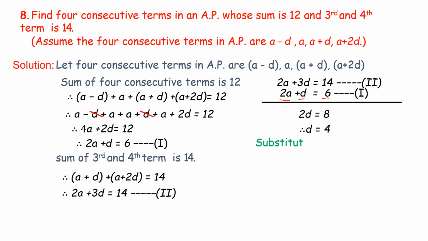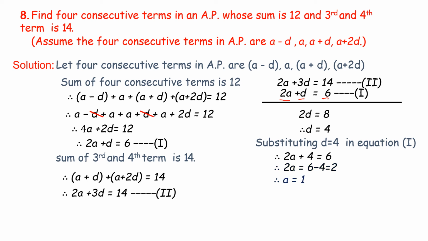Now substituting the value in equation 1, 2a plus 4 is equal to 6. Therefore, 2a is equal to 6 minus 4, which is 2. Therefore, a is equal to 1.